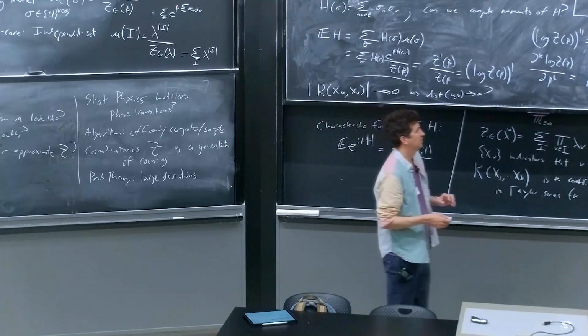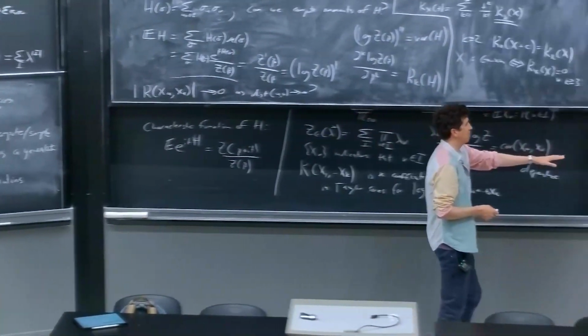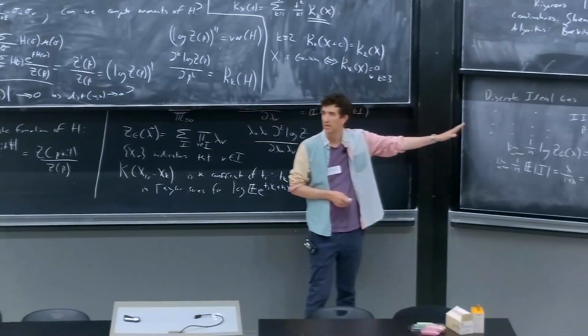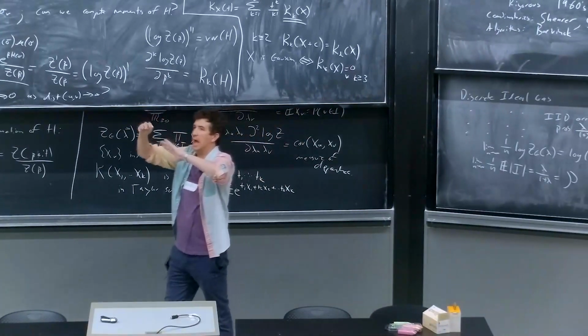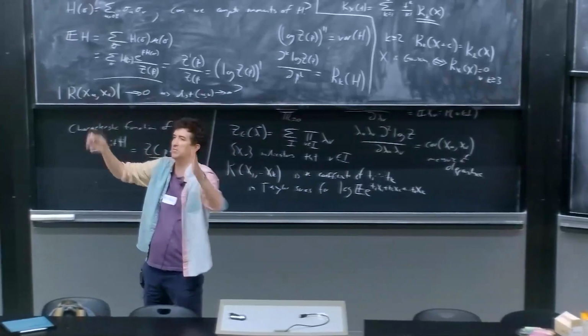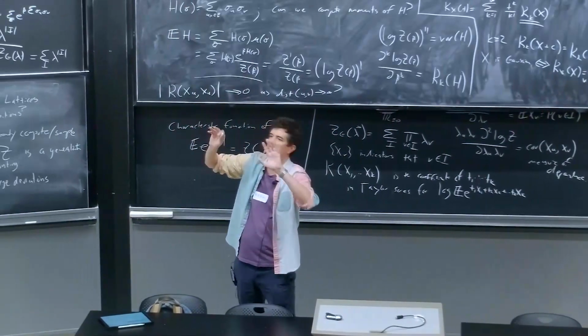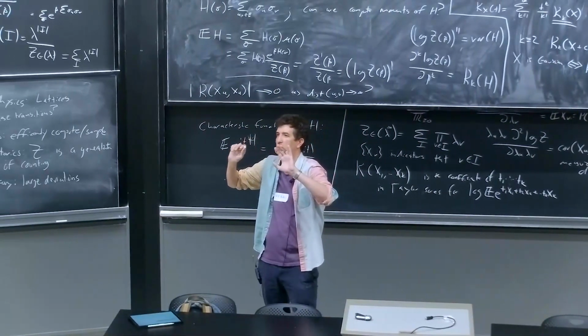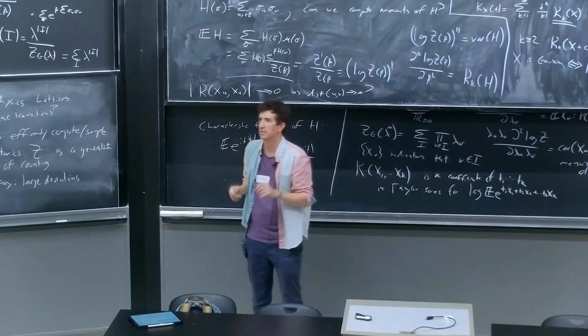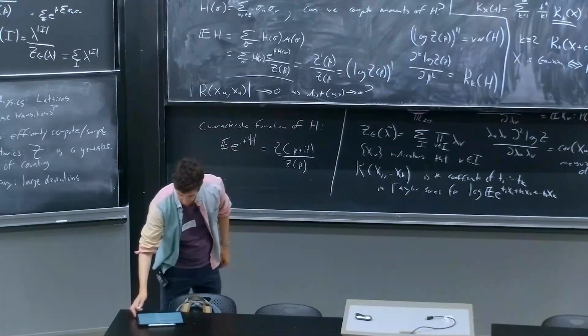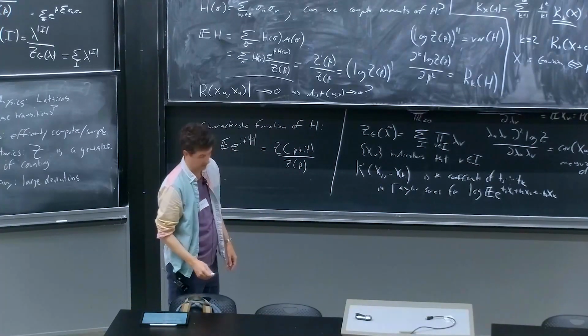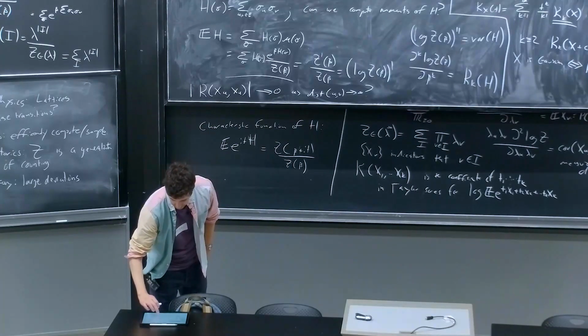Not in the discrete case, because there's nothing moving around here. But what you would want to look at is how the partition function changes when you add one more layer. That would somehow measure something like that. Okay, good. So let's continue.